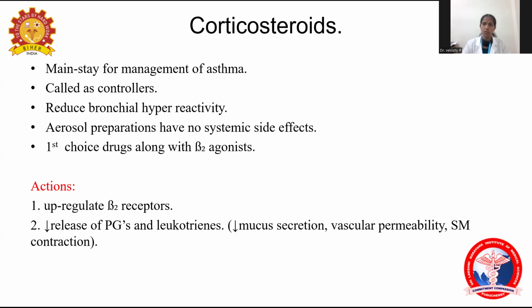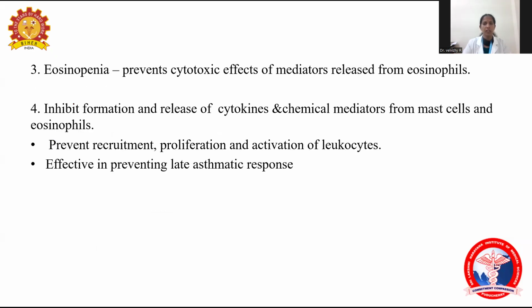In order to overcome that down regulation, if you combine steroids with the beta-2 agonist, it causes upregulation of beta-2 receptors. So the beta-2 agonistic action will not reduce if you combine with corticosteroids. Then it also reduces the eosinophil count. It inhibits all the inflammatory mediators from the mast cells also, like cytokines, all those things will get reduced with the help of steroids.